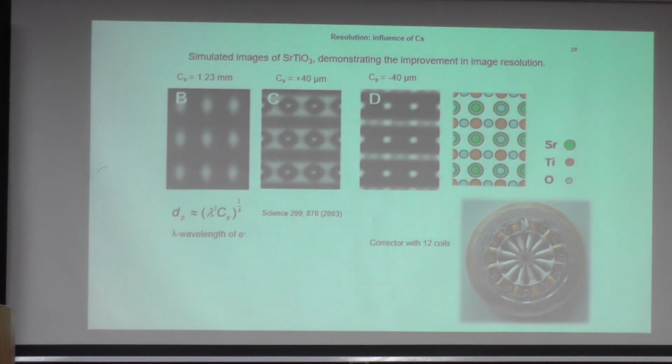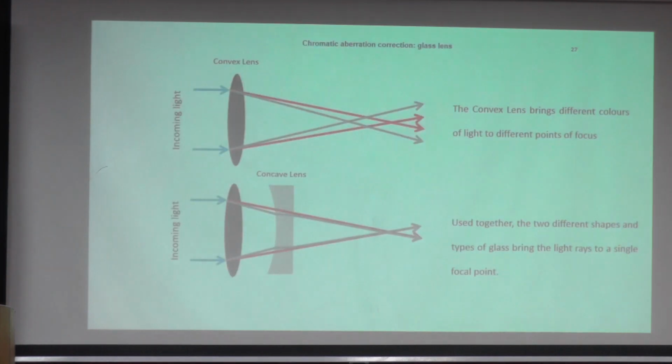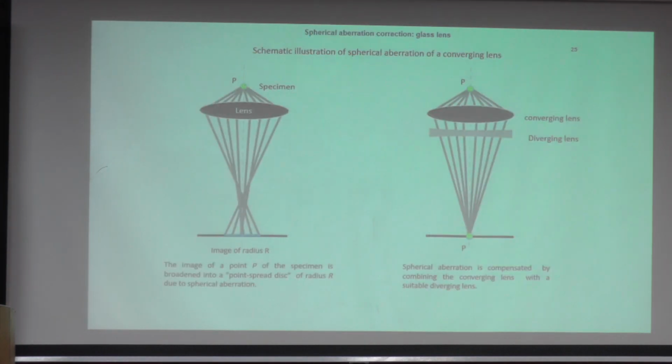But the problem in the TEM is that all these electromagnetic lenses are focusing lenses, and it's difficult to make divergent lenses like in this case.